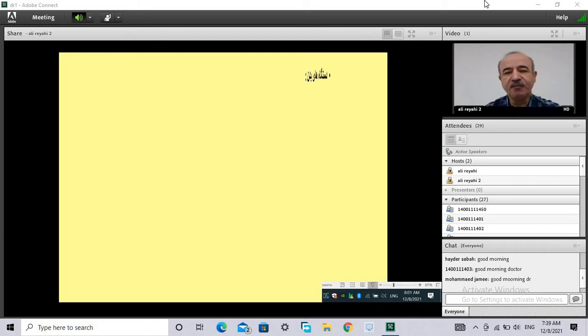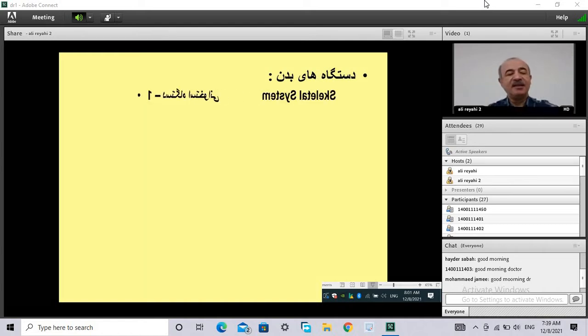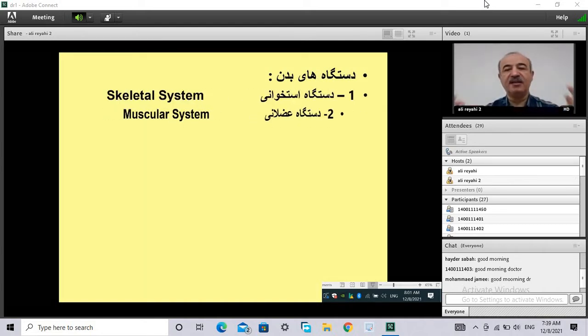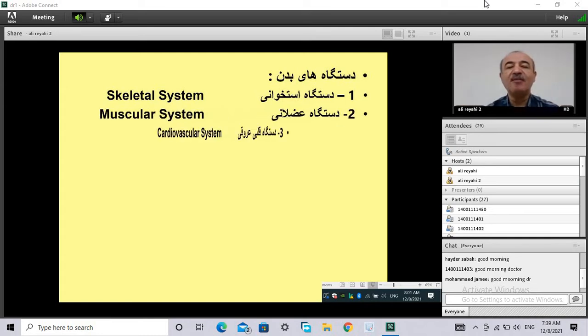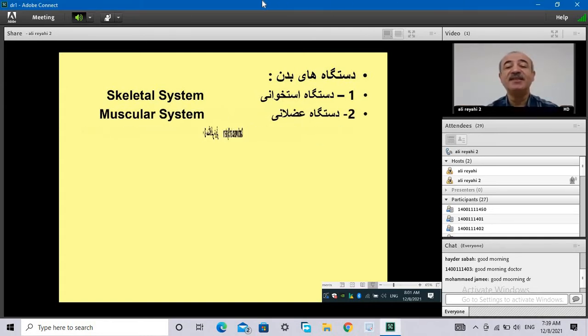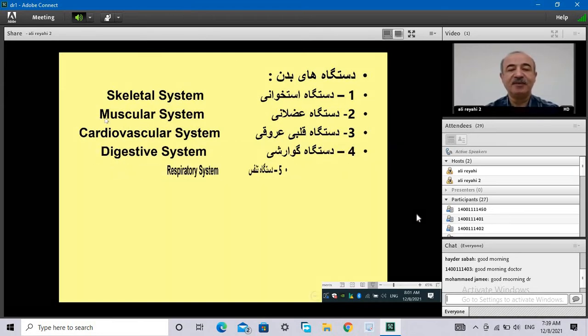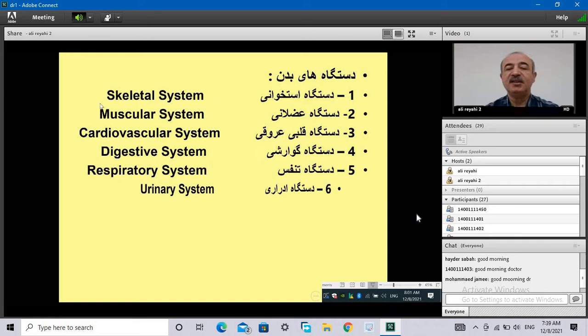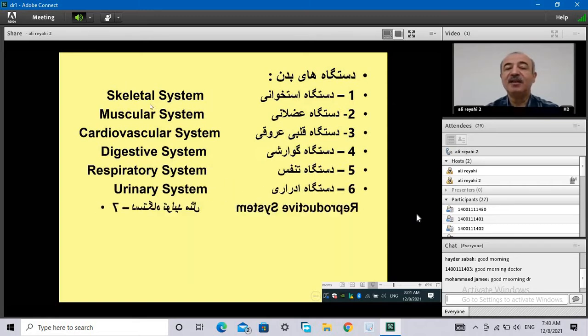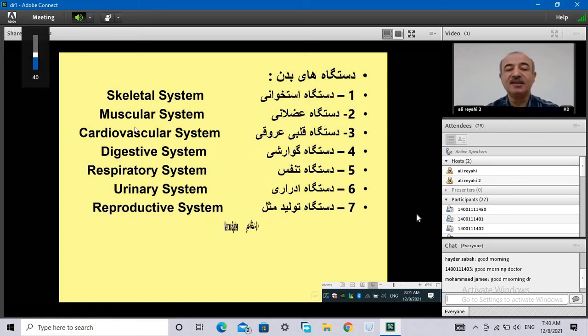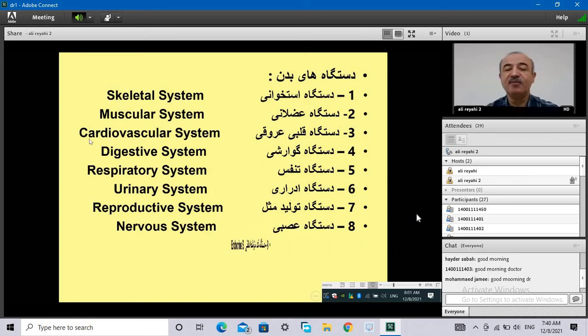And if you remember, I talked about the body being formed by some systems. For example, the skeletal system: the bones of the body form the skeletal system, and the other system, the muscular system. The cardiovascular system is formed by the heart and vessels.